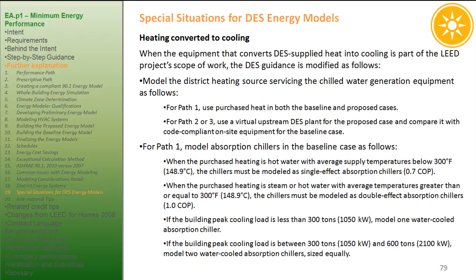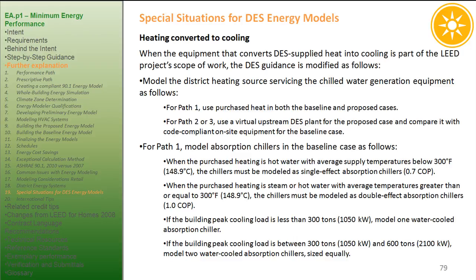Model the district heating source servicing the chilled water generation equipment as follows. 1. For Path 1, use purchased heat in both the baseline and proposed cases. 2. For Path 2 or 3, use a virtual upstream DES plant for the proposed case and compare it with code-compliant on-site equipment for the baseline case. For Path 1, model absorption chillers in the baseline case as follows. 1.